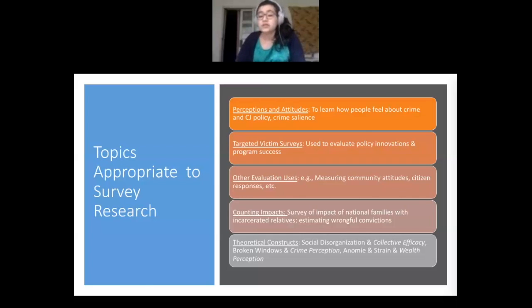And then we also use surveys for theoretical constructs too. So social disorganization has this idea of collective efficacy, and that is the willingness of neighbors, people in communities, to intervene in a specific instance. And so a lot of the ways that researchers measure that is through survey methods and asking people, how frequently do you engage with your community? How frequently do you go to community meetings?